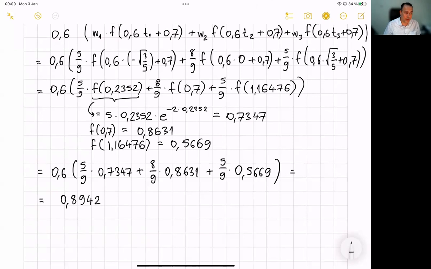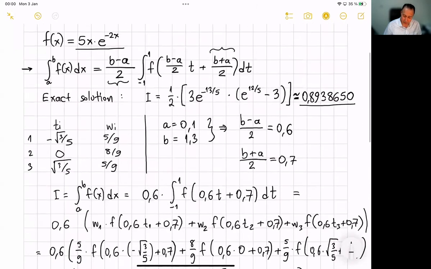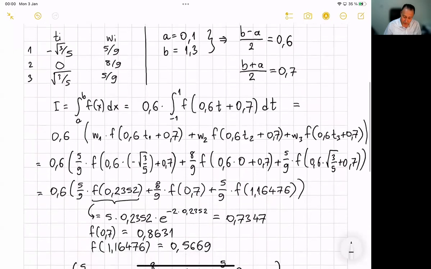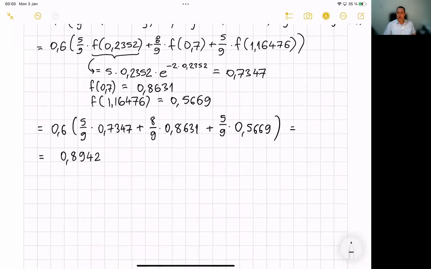And now we can compare this value to the accurate solution, which is this one here, 0.8938650. And we can see that our solution using Gaussian quadrature is quite close to the real solution of this problem.